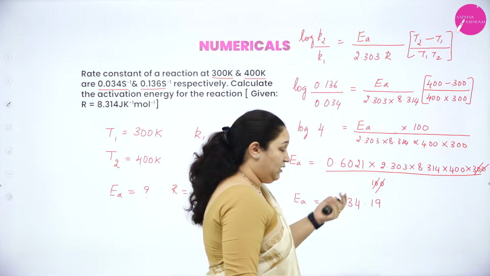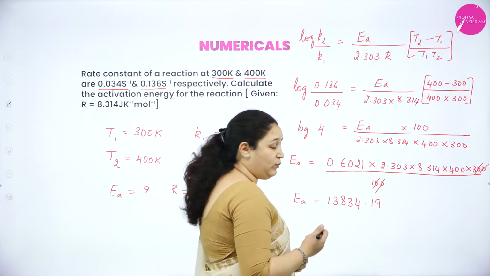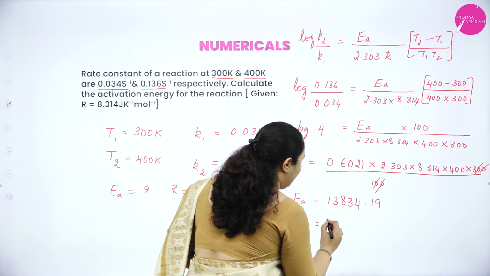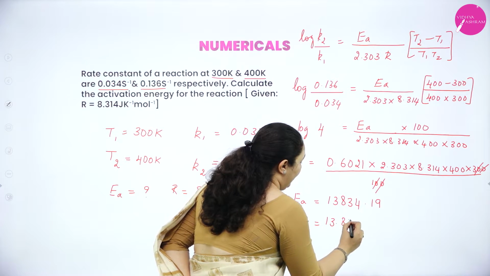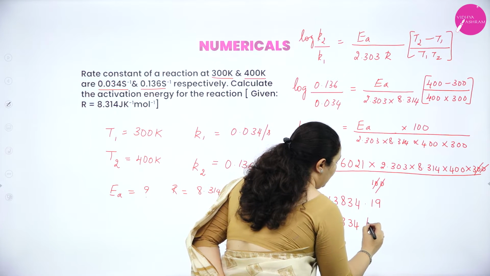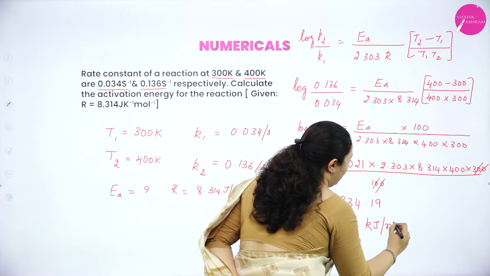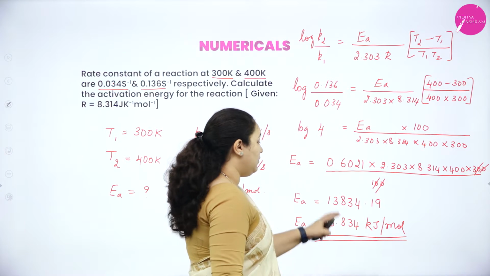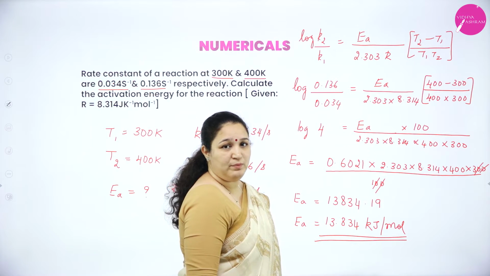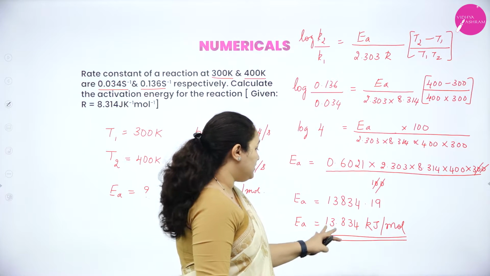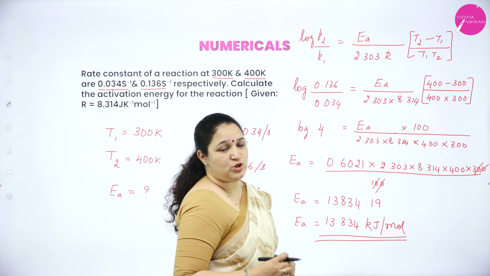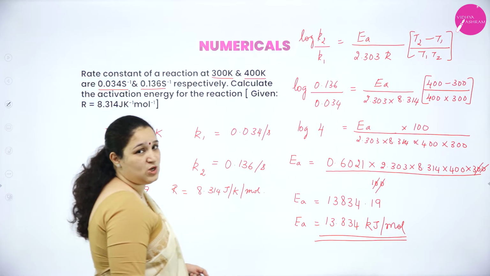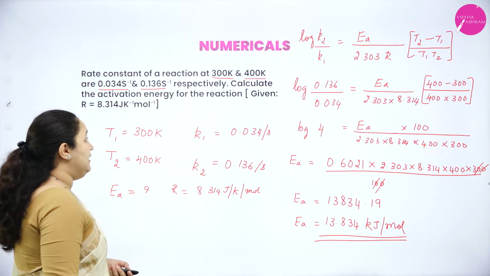Okay, but for convenience what we can do is move 3 points and you can write it as 13.334 kilojoule per mole. If you get confused to convert, you can just keep it as joule per mole also. So this is the answer which you are supposed to get. So I hope you have understood how to solve this problem. Next question.